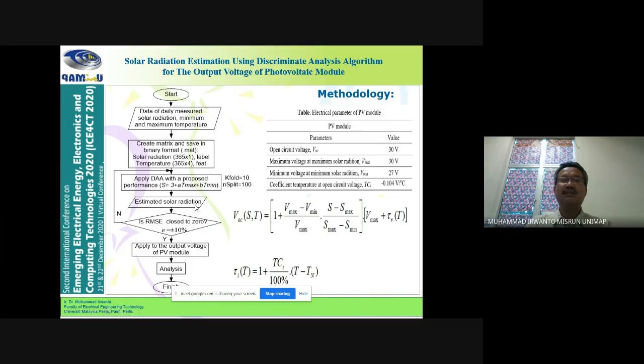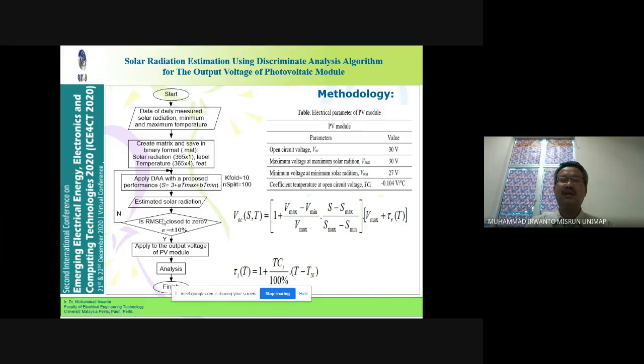Then the result of the estimated solar radiation is compared to the measured solar radiation. We want to know whether the estimated solar radiation is valid or not. The validation is based on the RMSE, root mean square error.